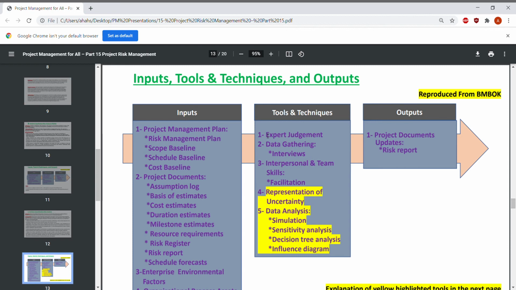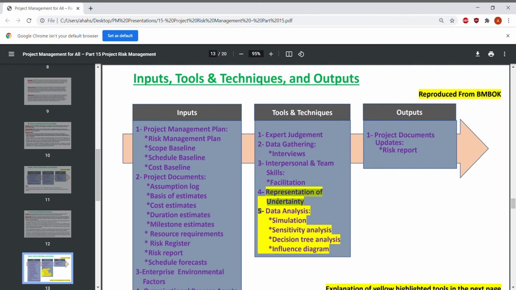The tools are, first, expert judgment and data gathering, interviews; interpersonal and team skills, which include facilitation; the fourth, representation of uncertainty; and the fifth one, data analysis, which includes simulation, sensitivity analysis, decision tree analysis, and influence diagram.